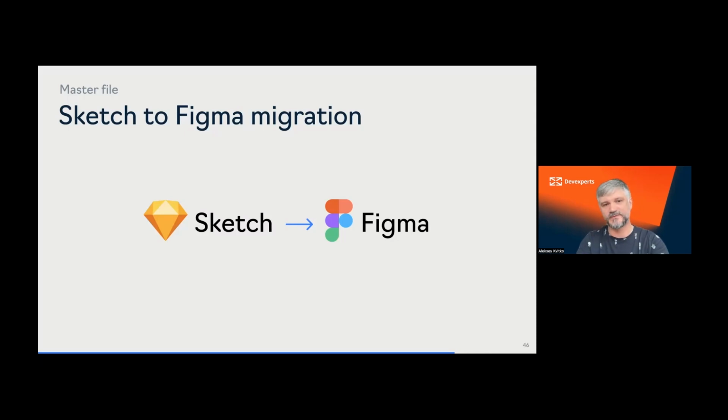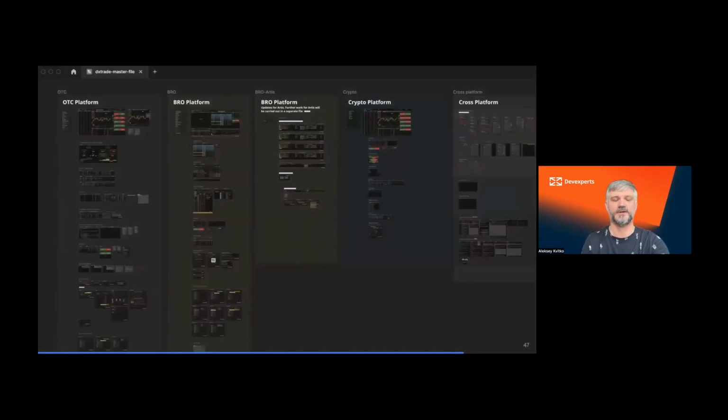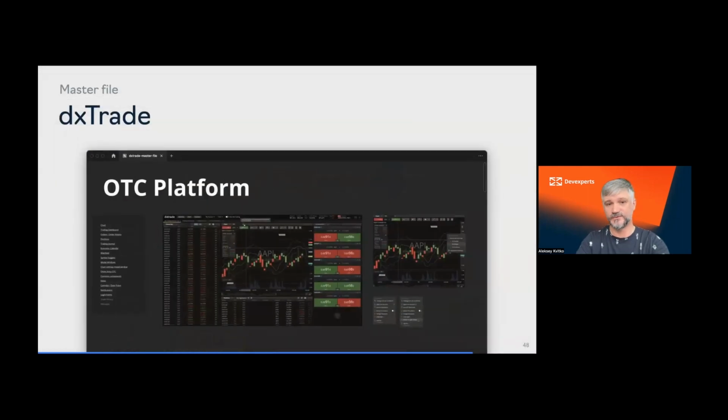Of course, we started with our flagship DXtrade. That master file included a complete UI kit, the main list of widgets of our projects by platforms: OTC, brokerage, crypto, and other important things. Finally, designers have got a single source of truth.